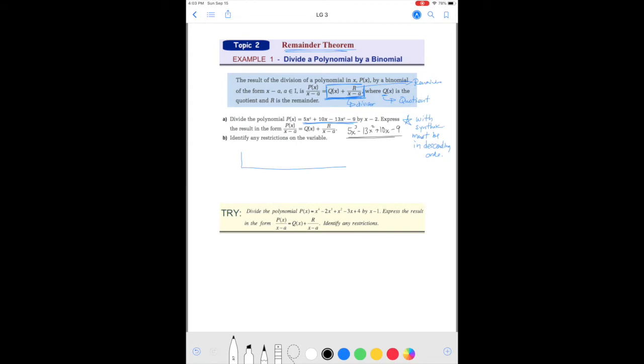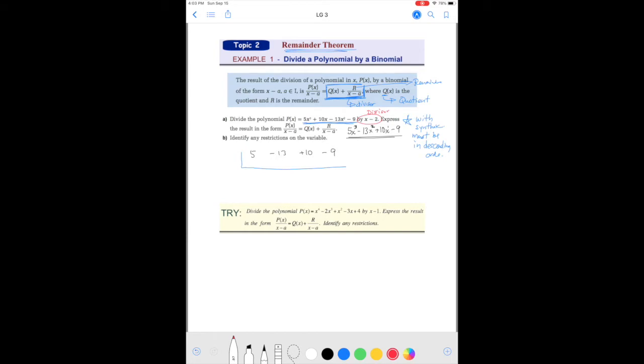Another thing you have to check is to make sure it goes 3, 2, 1, constant. So everything's good. Now it's going to be a 5, a negative 13, a 10, and a minus 9. Now the divisor, right here, there's the divisor.